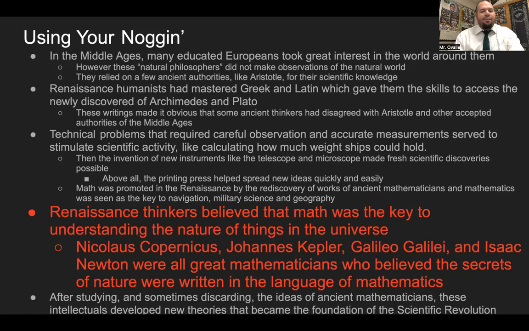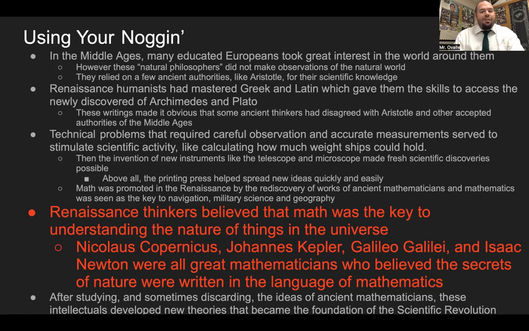These writings made it obvious that some ancient thinkers had disagreed with Aristotle and the other accepted authorities of the Middle Ages. Technical problems that required careful observation and accurate measurements served to stimulate scientific activity, like calculating how much weight ships could hold as cargo.